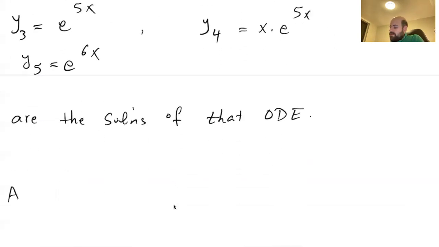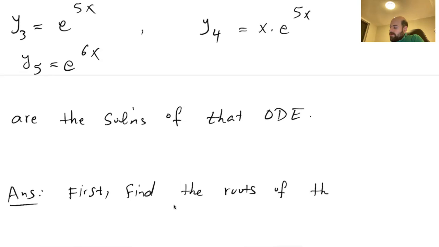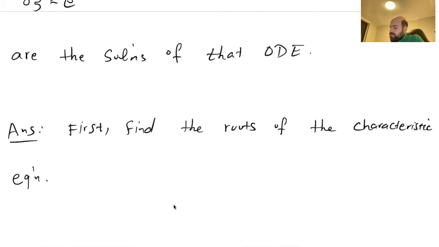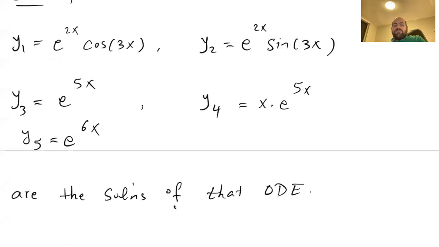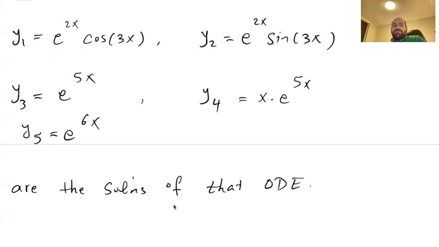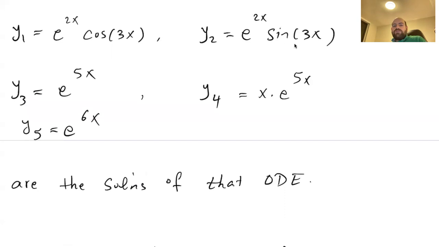So in this solution, first, find the roots of the characteristic equation. What are the roots of the characteristic equation? Well, we have e to power 2x cos 3x and e to power 2x sine 3x as the solution. So that means the roots corresponding to these solutions are 2 plus minus 3i.